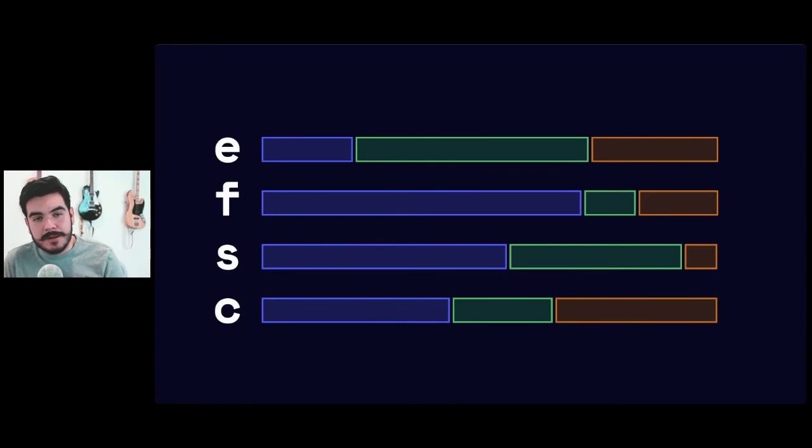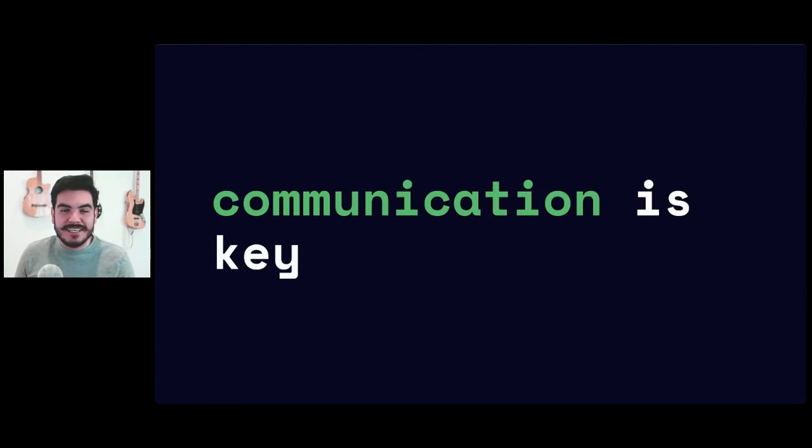Now, how do we select the signals that we want to capture? Well, we will do that by discussing with the ML team. And as in a lot of things in life, communication is key.